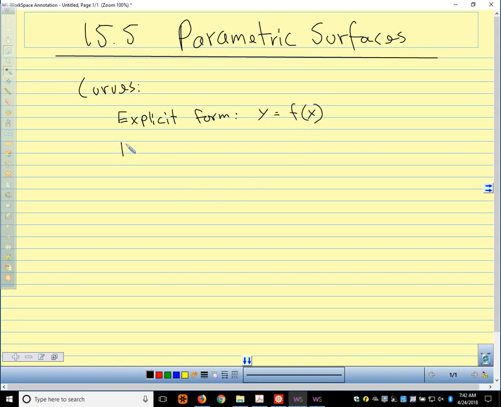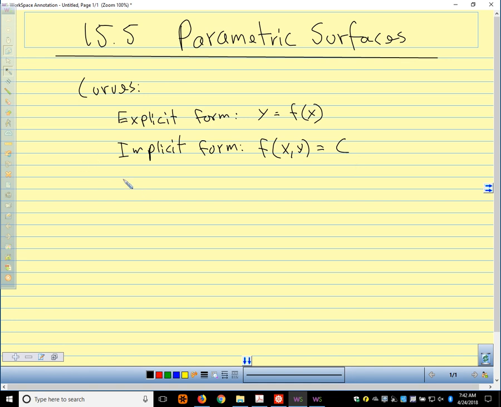We also have implicit form, which you've worked with in several different contexts: f of x, y equals a constant. In Calc 1, you used these when you talked about implicit differentiation. We talked about the gradient being normal to level curves. So this would be a level curve of a surface.